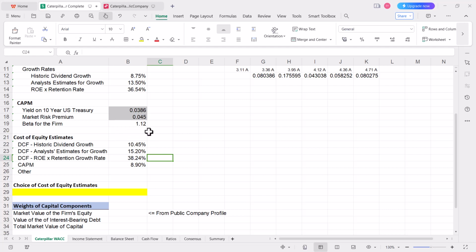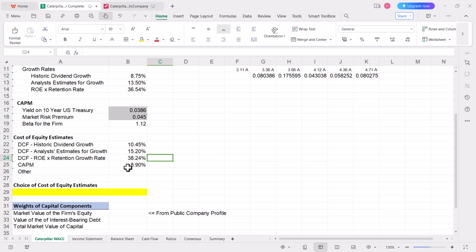We can dismiss at least one of these cost of equity estimates because it's really out of the range of what we would expect for a company like Caterpillar, and that one would be the discounted cash flow ROE times retention rate.